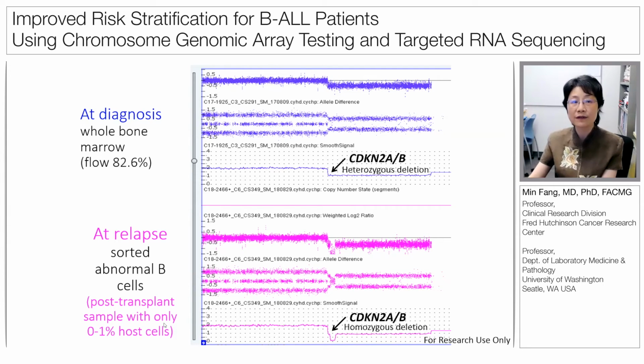So you would have a difficult time seeing any abnormalities. Therefore, we sorted the abnormal B cells, and we were able to see a very clean profile without interference from donor cells. You then see the same large 9p deletion, but the difference compared with the diagnostic sample is that now you see a homozygous deletion instead of a heterozygous deletion. This represents clonal evolution.